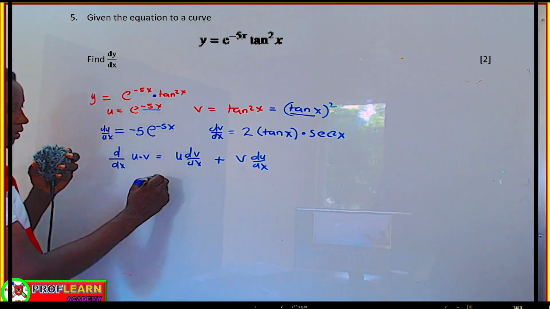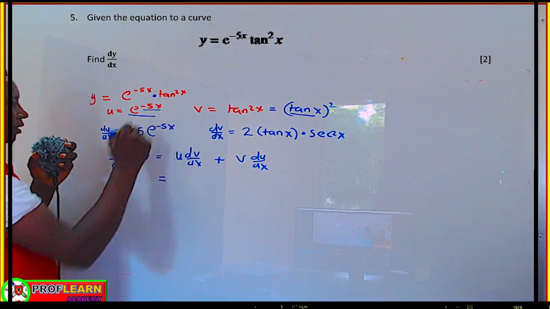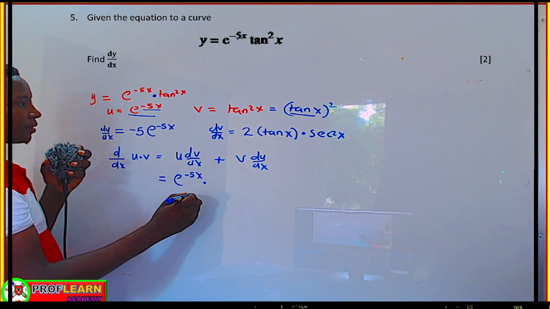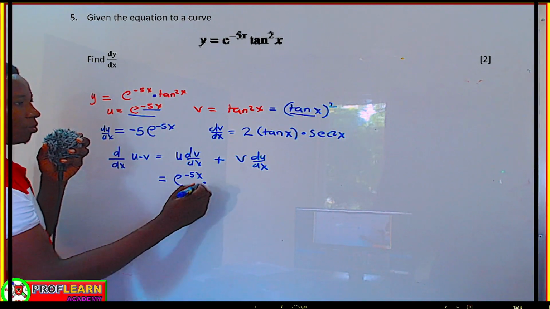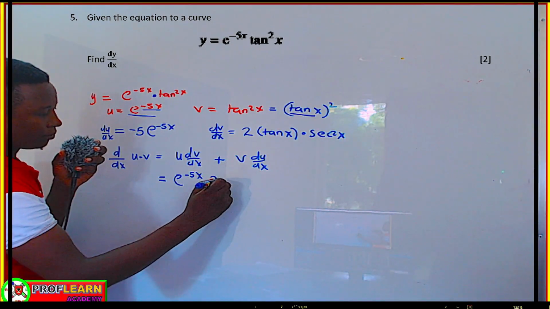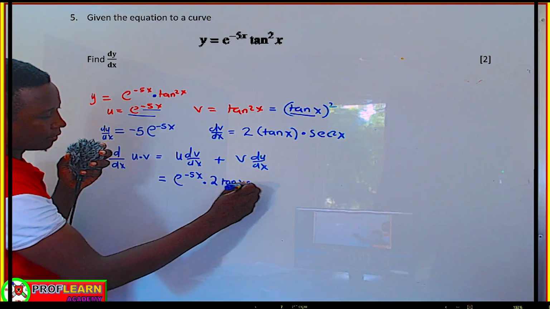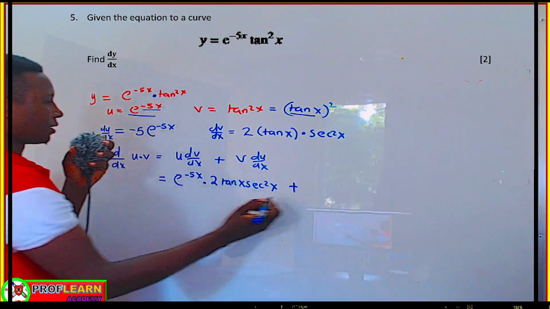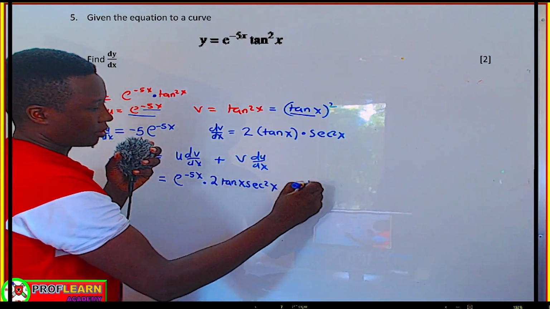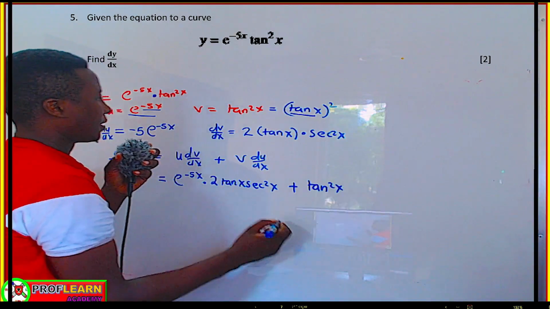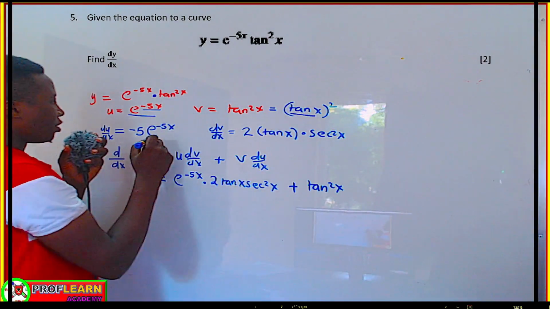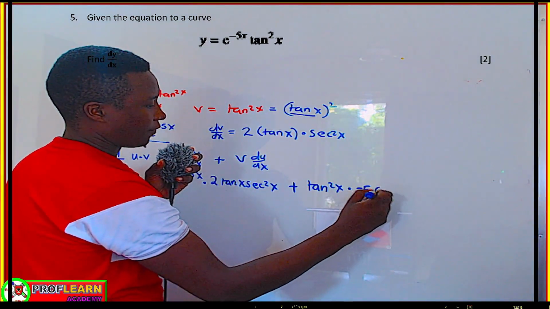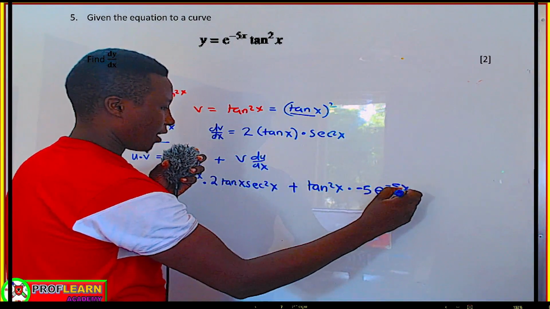So that will mean that our u is actually this one, and that's going to be e to negative 5x times our dv/dx, which is going to be 2 tan x sec squared x. Then we are going to say plus v, our v is actually tan squared x, and our du/dx is this part, which is times negative 5 e to negative 5x.